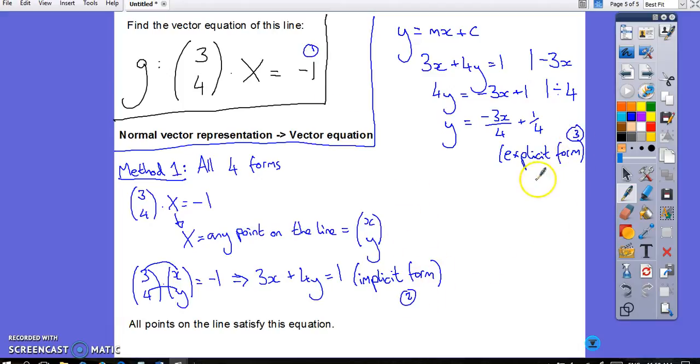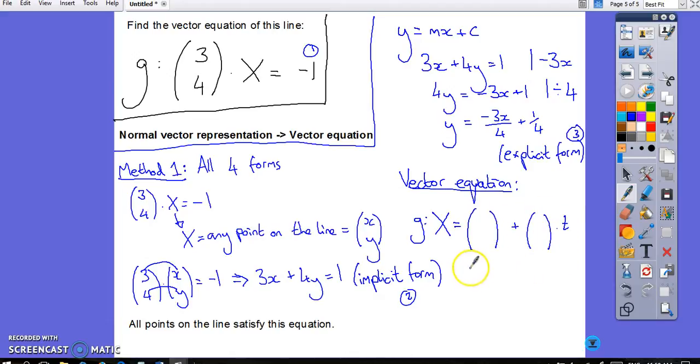All that's left is to find the vector equation of the line using the forms that I have. So I know that the vector equation of the line is of the form: all points on the line satisfy this equation, where I have any point on the line, it doesn't matter which one, plus the direction vector multiplied by a parameter.